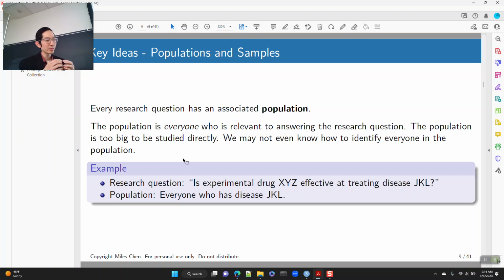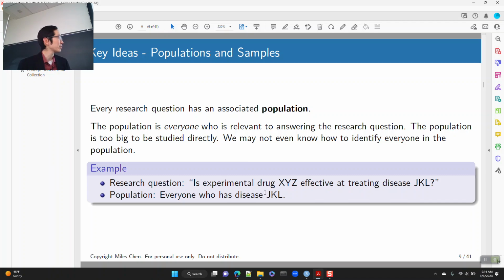So you have a research question, and the way we would answer it, if we had unlimited resources, is we would find the population associated with the research question, and that population includes every person who is relevant to answering this question, right? But the problem is the population is always too big. It's too big for us to study directly, and we might not even know who's in the population, right?